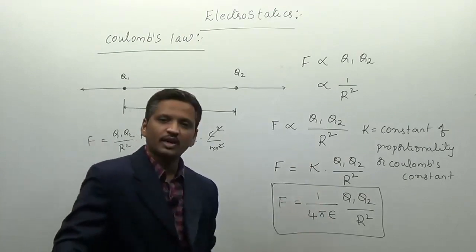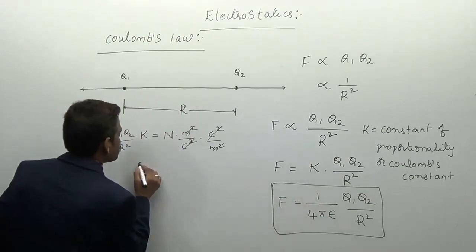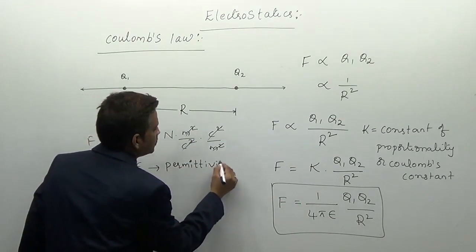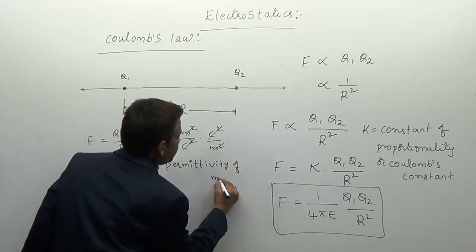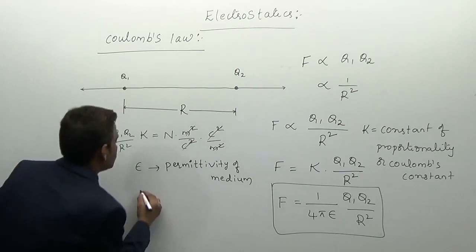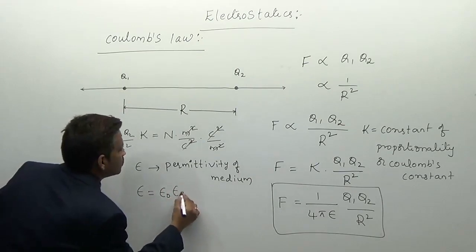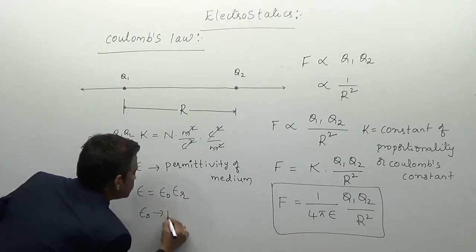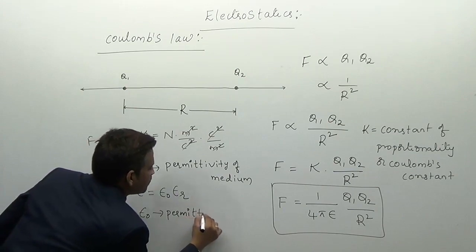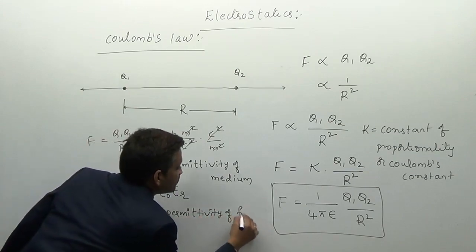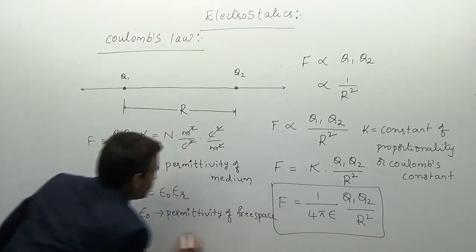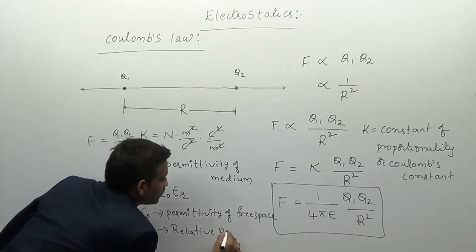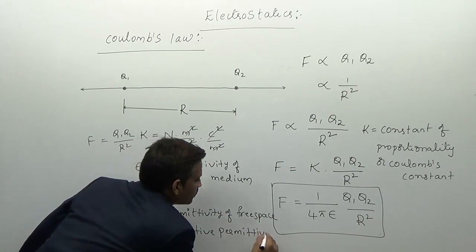So 4 pi is a constant, and epsilon is called the permittivity of medium. This epsilon will be equivalent to epsilon naught into epsilon r, and this epsilon naught is called the permittivity of free space, and epsilon r is called the relative permittivity.